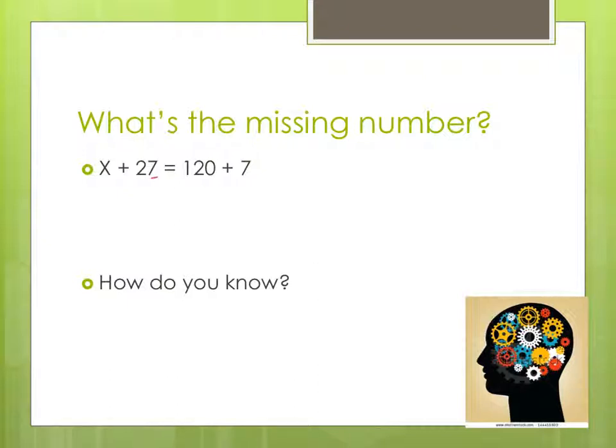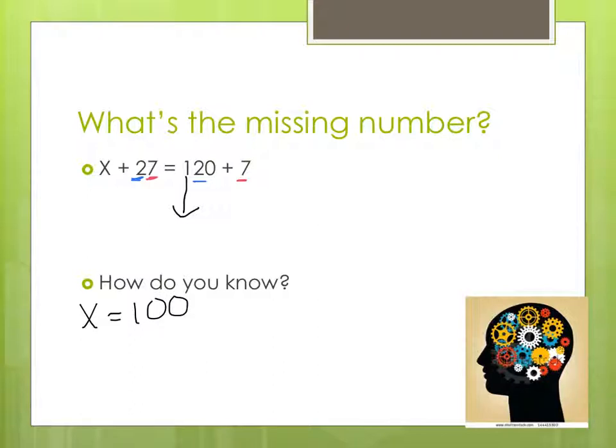I see 7 ones in 27 and 7 ones in 20 plus 7. I also see 2 tens in 20 and 2 tens in 120. The amount that I'm missing is the place value of 100. That tells me that the missing number is 100.